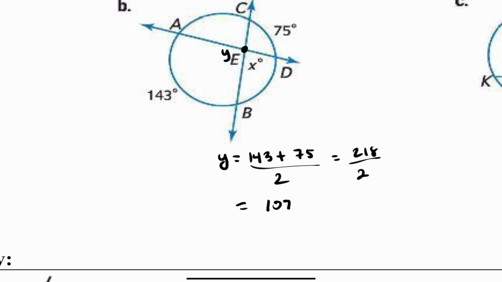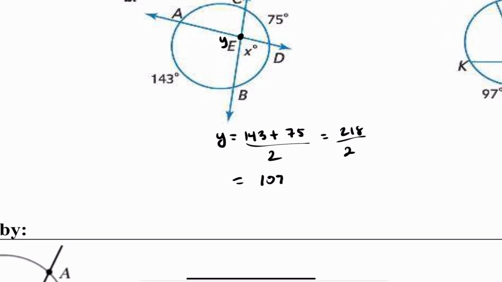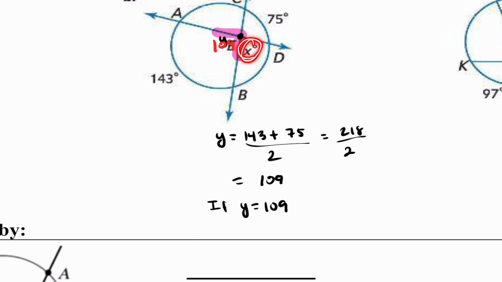We're not finding what y is. Our goal is to figure out what x is. If y is 109, we know that this angle here is 109 degrees, so what is this angle? As you can see from the highlighting, these 2 angles sharing the same side form a linear pair.